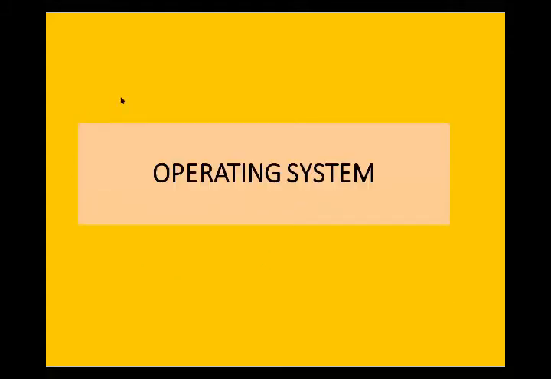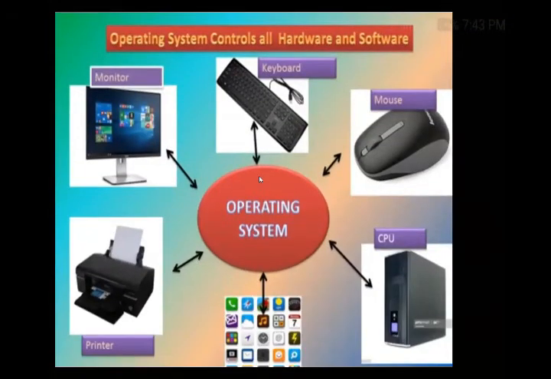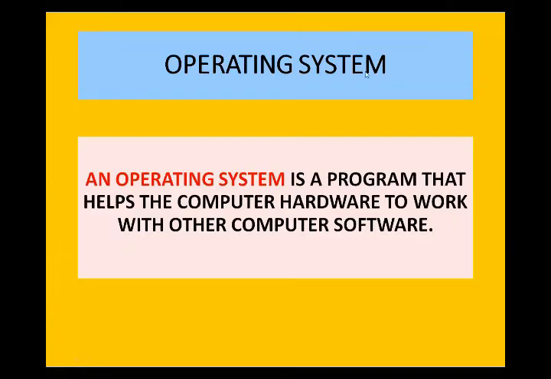Now we learn about the operating system in detail. So what is the operating system? An operating system is like a manager because it controls all the hardware and software applications. Definition of operating system: an operating system is a program that helps the computer hardware to work with other computer software.